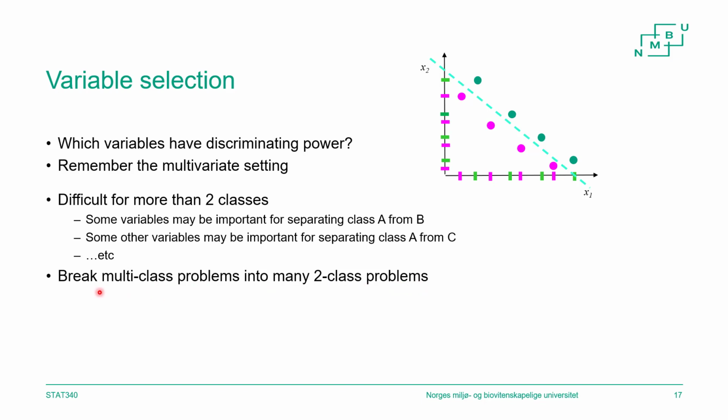So instead of looking at all classes simultaneously, if you have three or more classes, you can fit LDA models to such data. But when it comes to finding the important variables, it may be a good idea to actually break it into several two-class problems instead, because of this problem here, right?